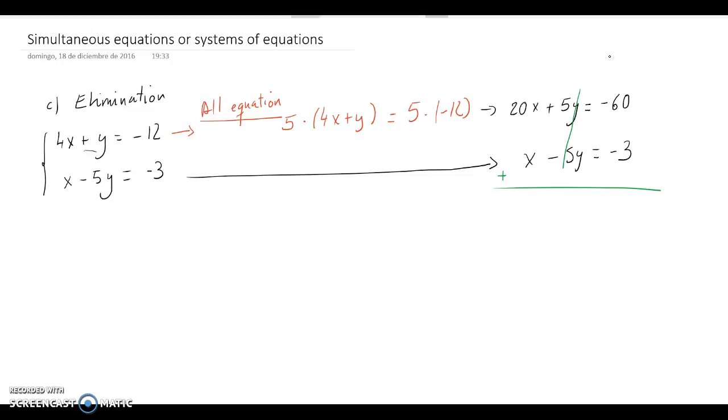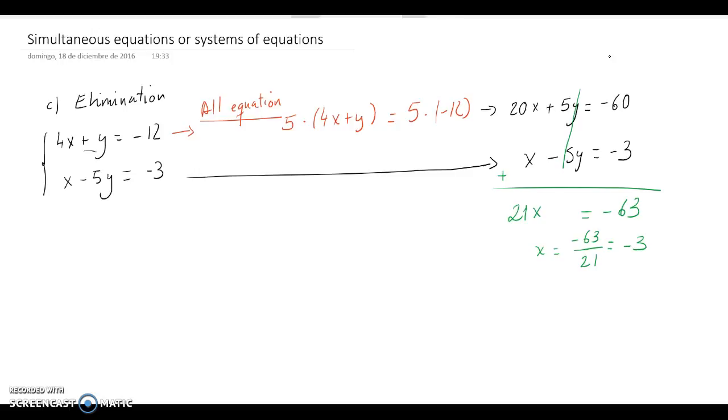20x plus x is going to be 21x equals minus 60 minus 3, which is minus 63. So the x is going to be minus 63 over 21, that is minus 3. I already have my x. Let's solve for the y.